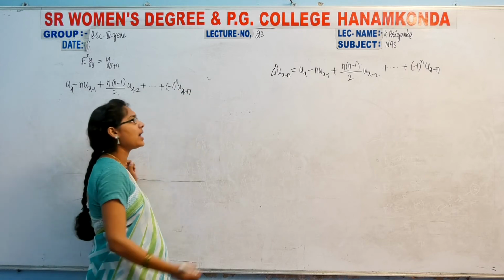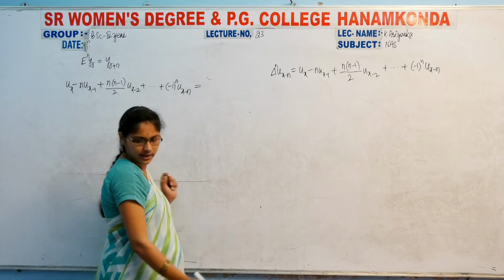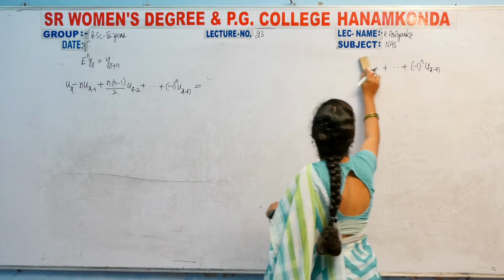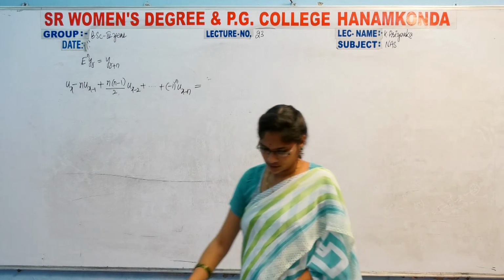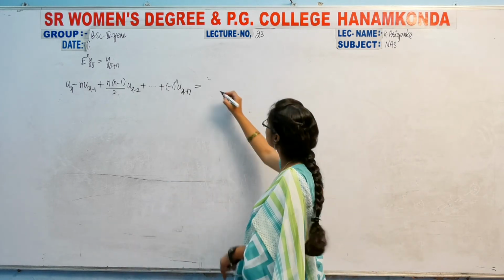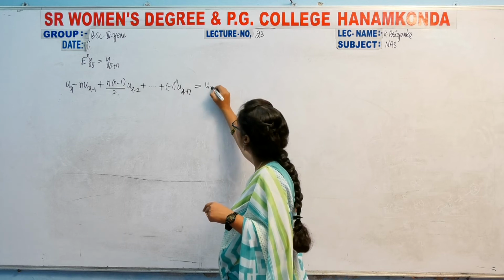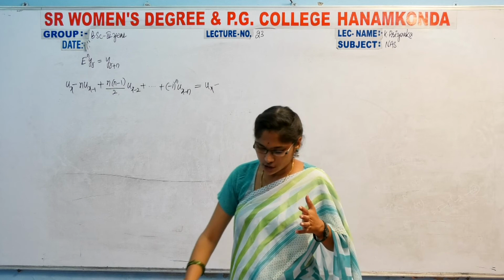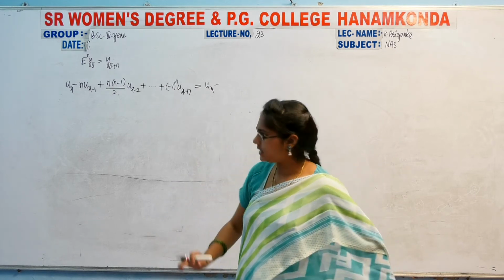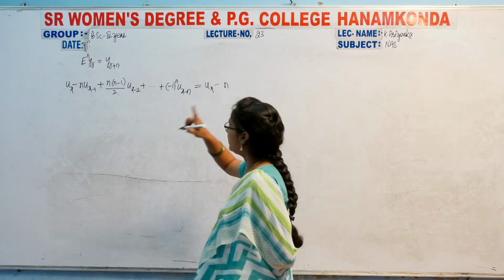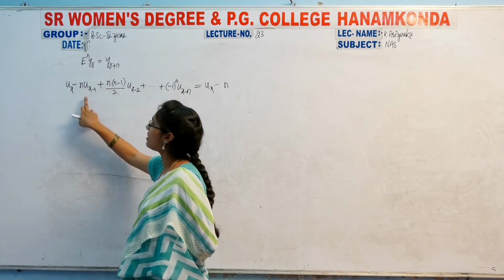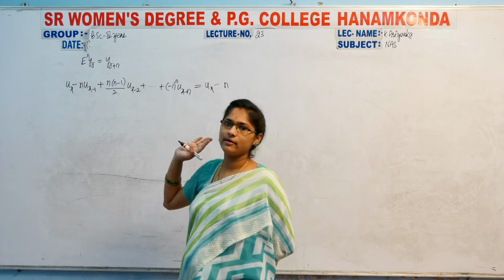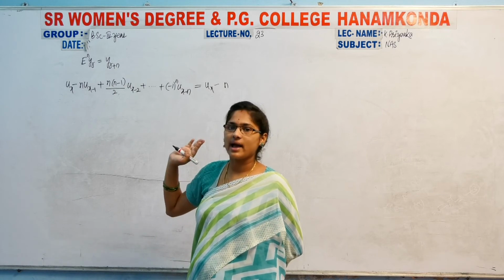This is nothing but RHS. Now I am writing this RHS as, write u x, listen carefully, u x minus n, so here I am taking directly n. Next, in the place of y r, I have u; in the place of y I have u, in the place of r I have x.